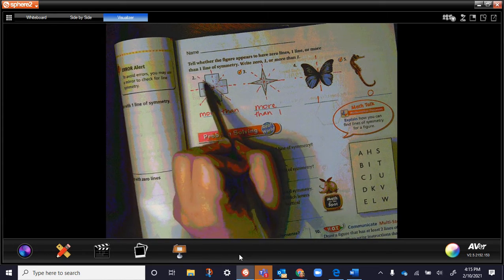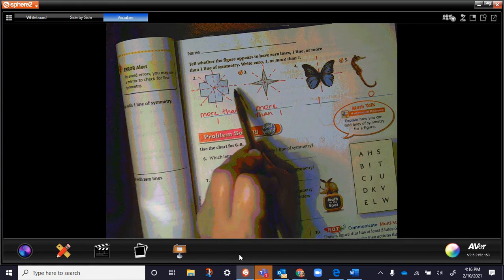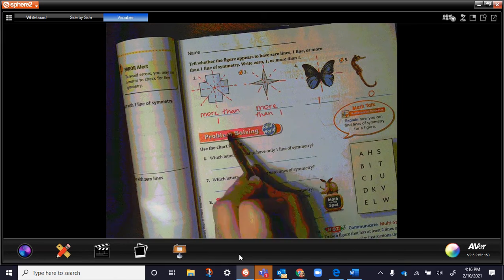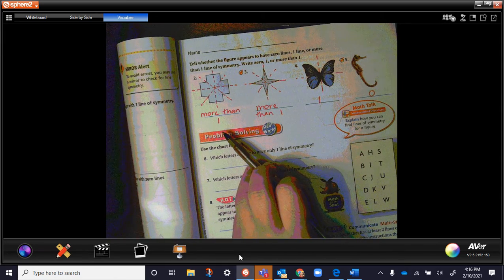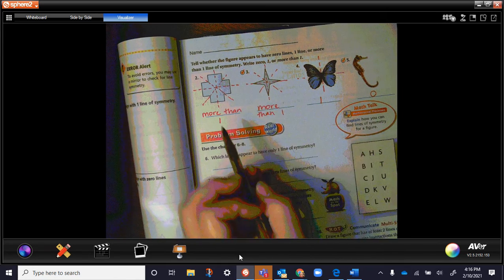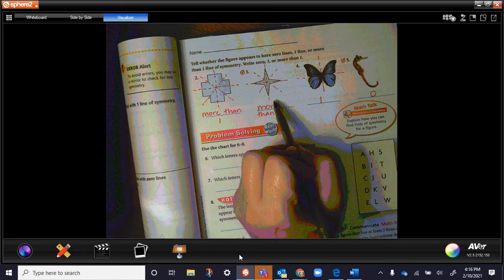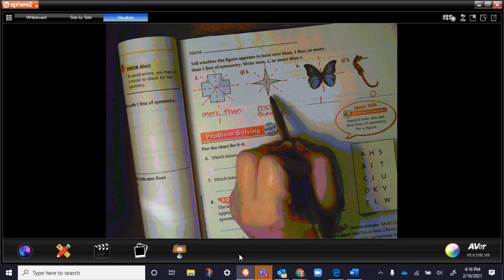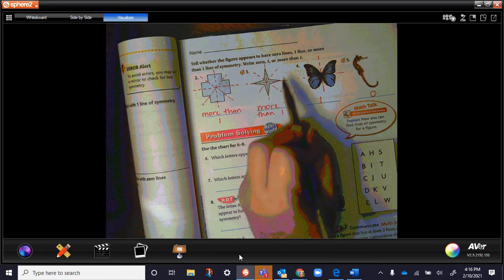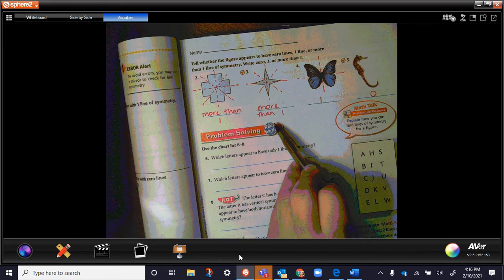Here we looked at the vertical lines and said yes, it has a vertical, a horizontal, and diagonal lines, so these have more than one. On this star, we said the same thing: vertical, horizontal, diagonal, so more than one.